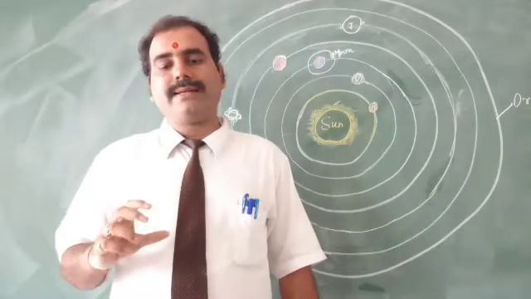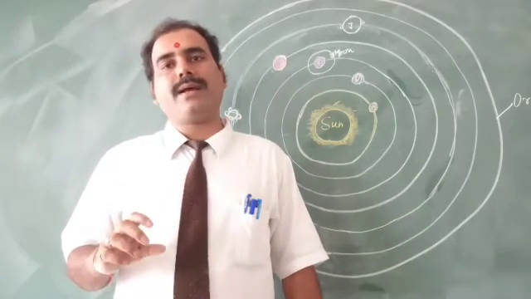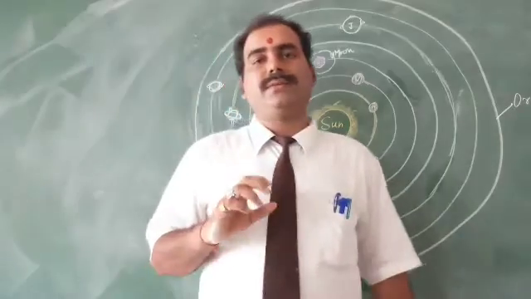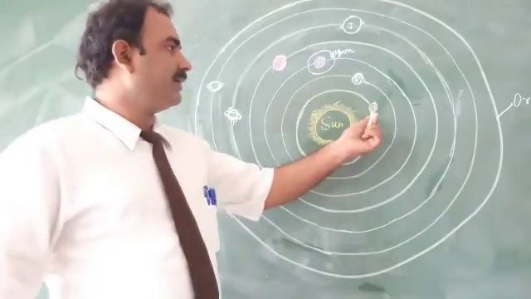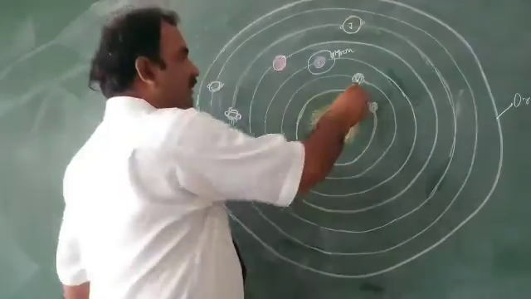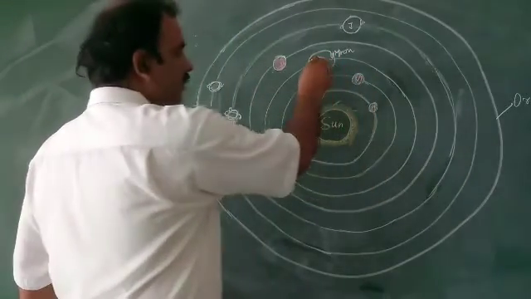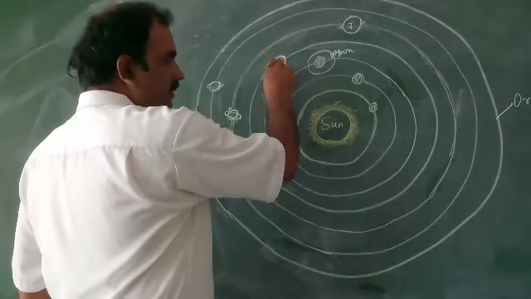The sun has 8 planets that orbit around it. First one is Mercury, second one is Venus, third is the Earth, and fourth one is Mars.